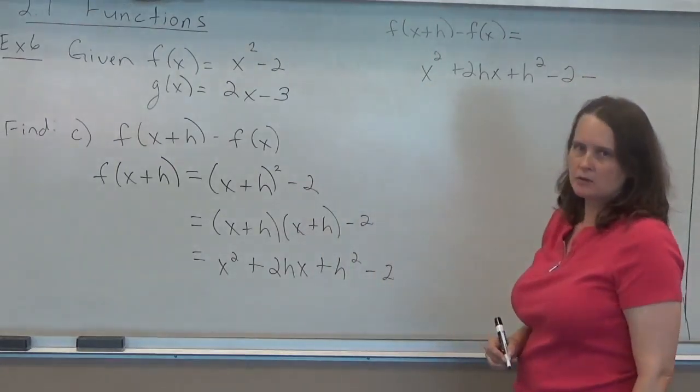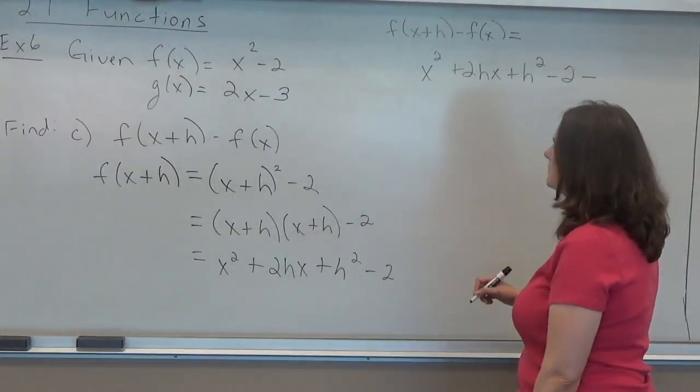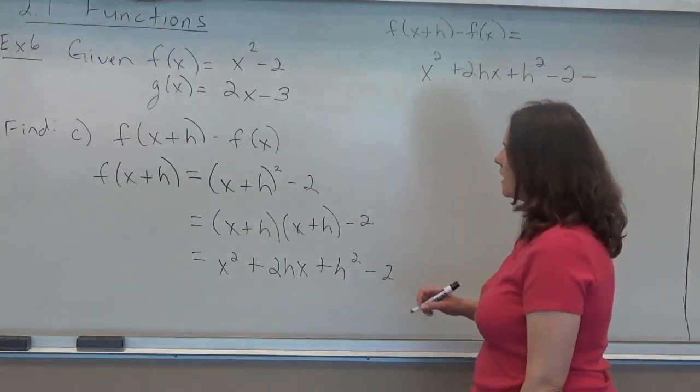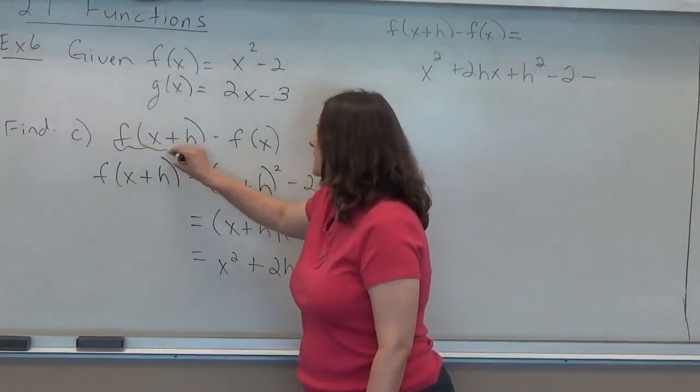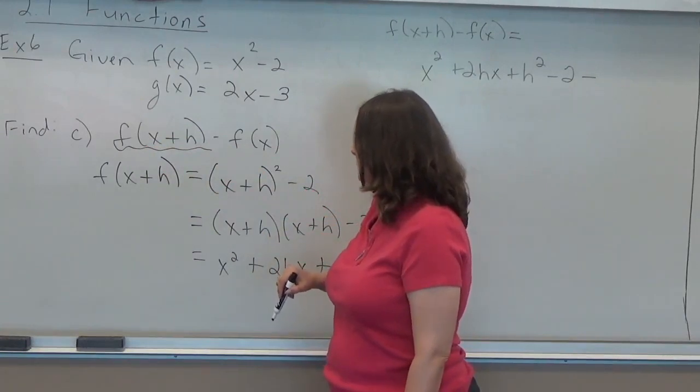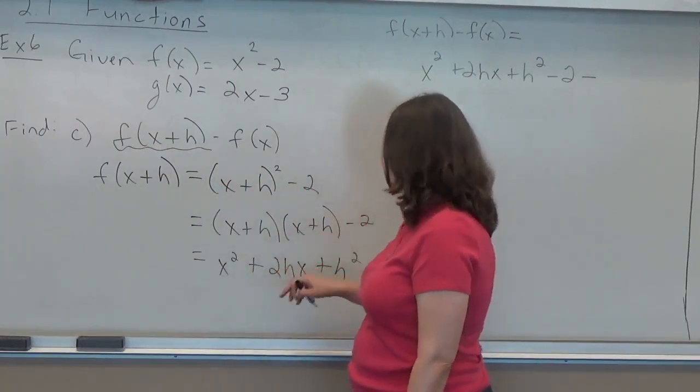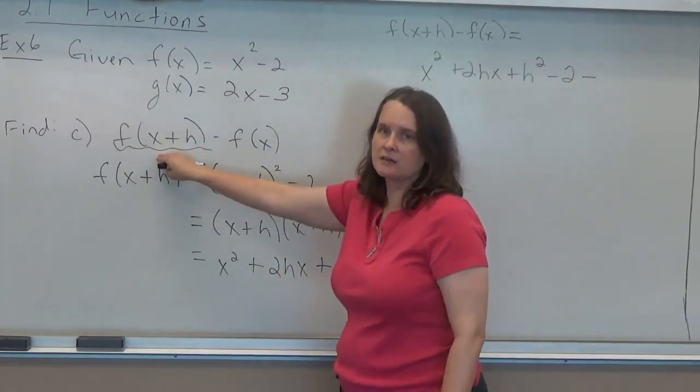And sometimes people get tangled up at this part, so make sure you're following everything that I've done. I started out simply by finding the f of x plus h. So that was the first step. Now I'm just substituting my result back into what I was given.